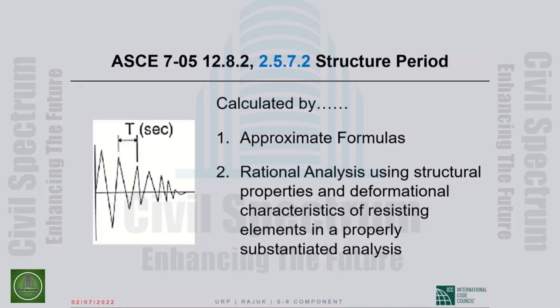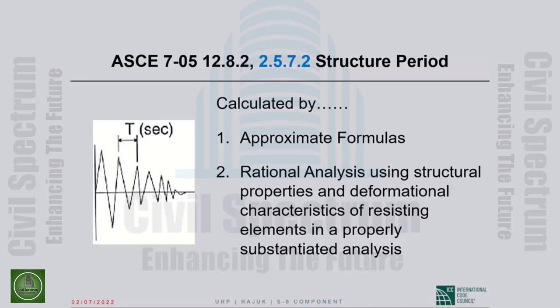Period can then be estimated by any rational procedure that is in conformance with the principles of mechanics. When you do a rational computation of period, it always comes out larger than the approximate period, so you get to lower your design base shear if you so choose. But the starting point is the approximate period.